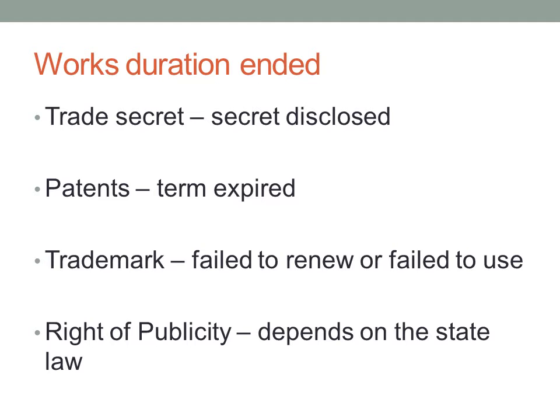For patents, we know that the term expires after 20 years. Trade secrets, if the secret is disclosed. Trademarks, if you fail to renew or fail to use, or there's an abandonment at some period. My thinking of failed to use is you don't even start to use it. Failed to renew, you abandon it, you let it become generic. That's going to take it out of the protected.